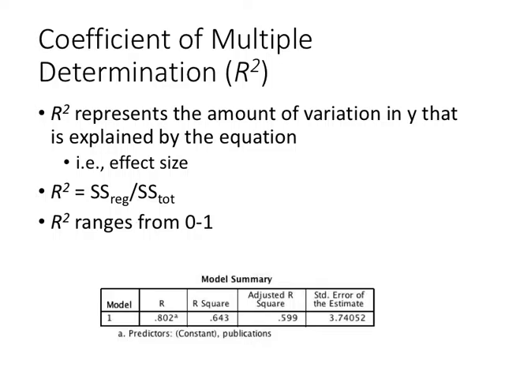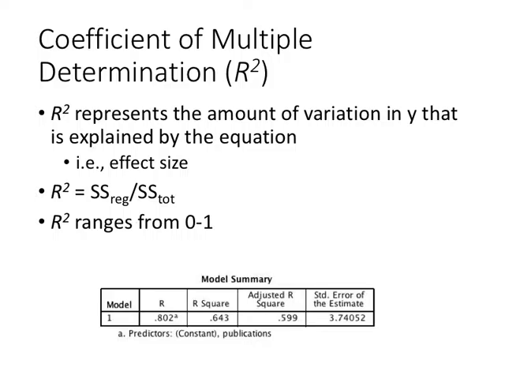And it can't be greater than 1, right, because sums of squares total is total sums of squares, and there's no way that it can be greater than that value. So the max is going to be 1 if we're perfectly explaining the dependent variable with the independent variable, and the min will be 0. Although I've never seen it be exactly 0, it can approach 0.